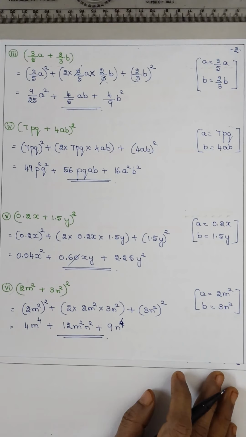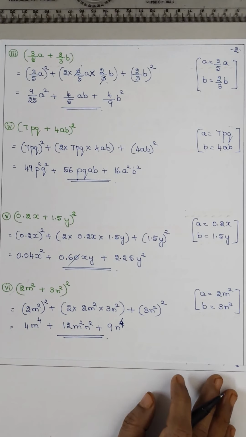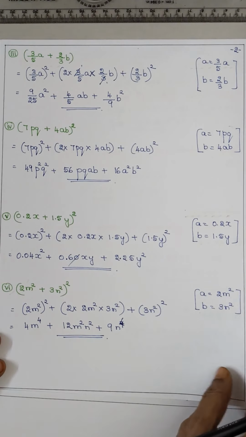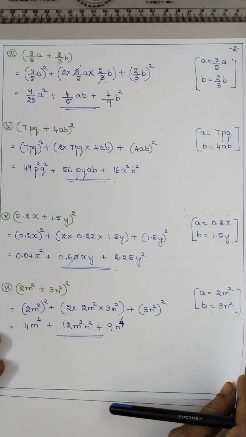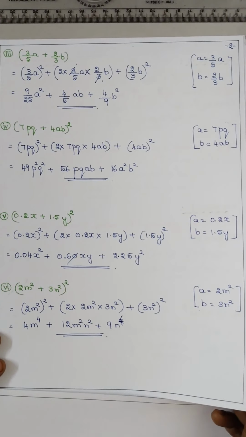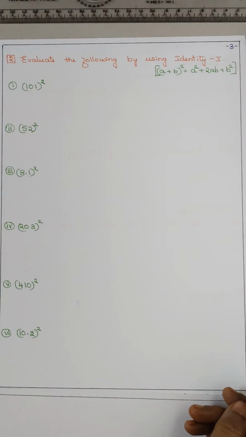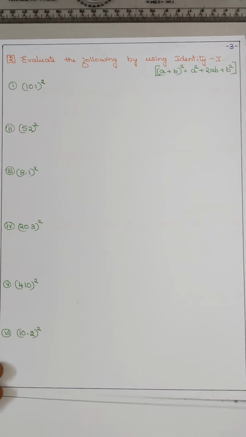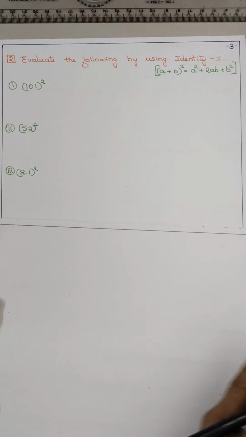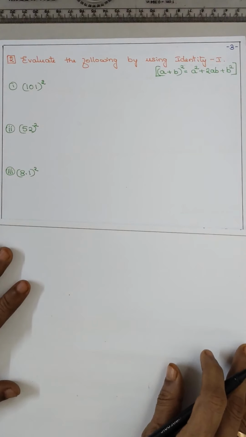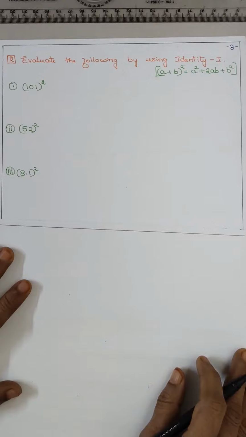Hope everyone understood till here. So we have completed question number 1. Now coming to question number 2. It is evaluate by using the first identity. So do it the way example 2 was done.